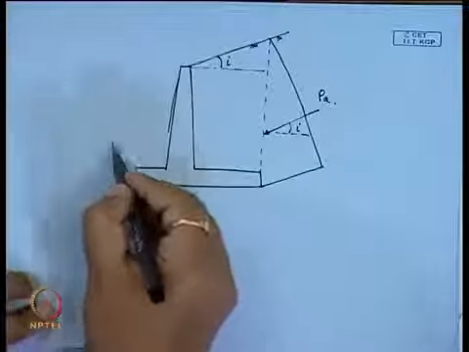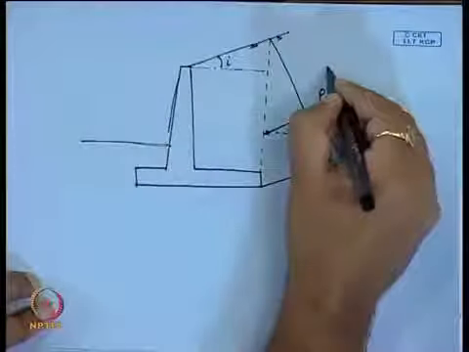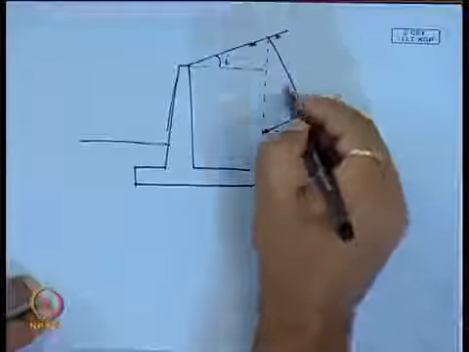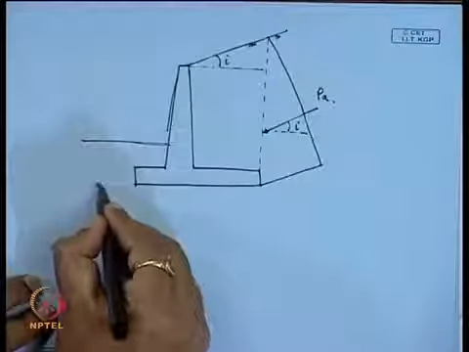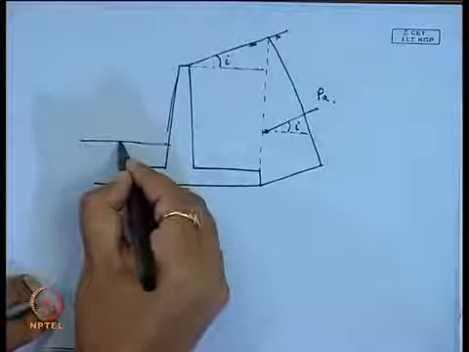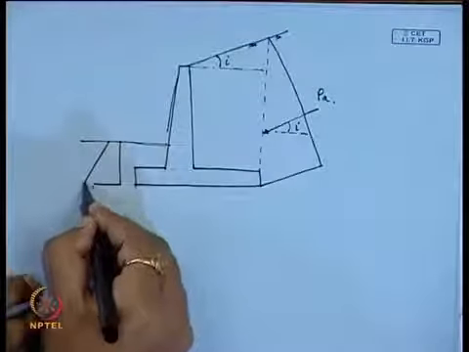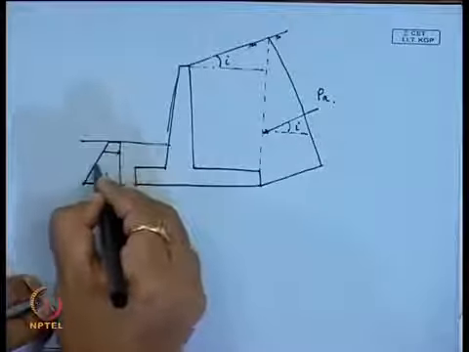Next, for the backfill soil, generally this is a phi type of soil, that means cohesion is not considered. If it is a base soil that is a C phi type of soil, then you will get this type of distribution of soil pressure.